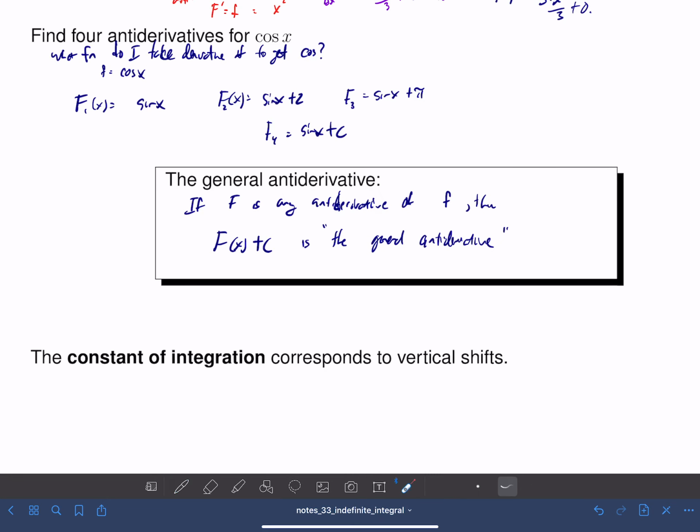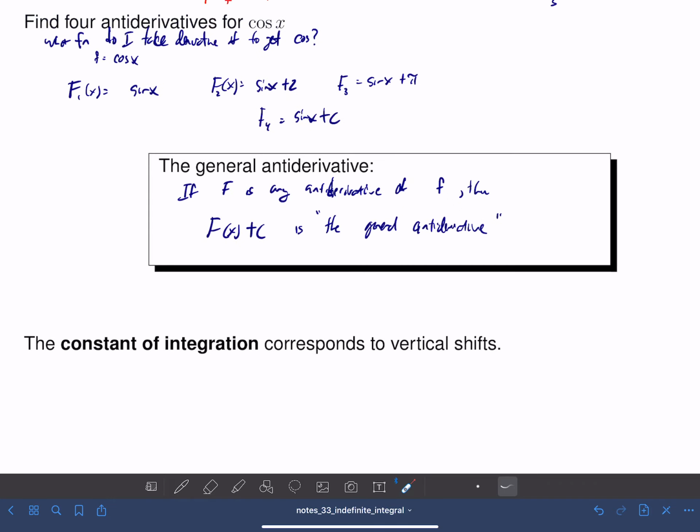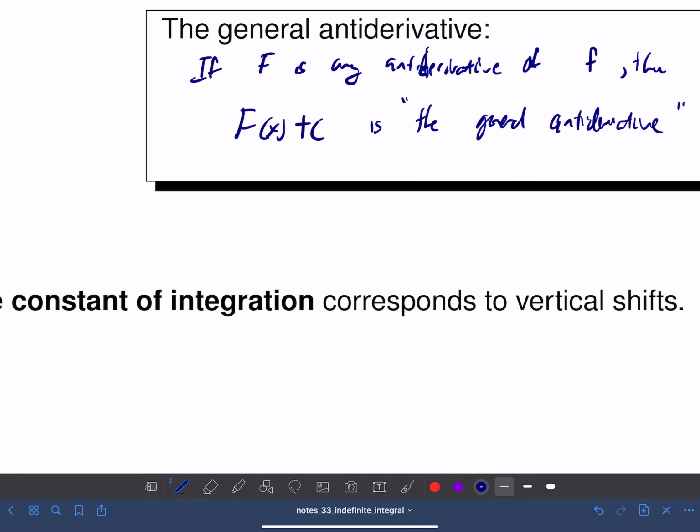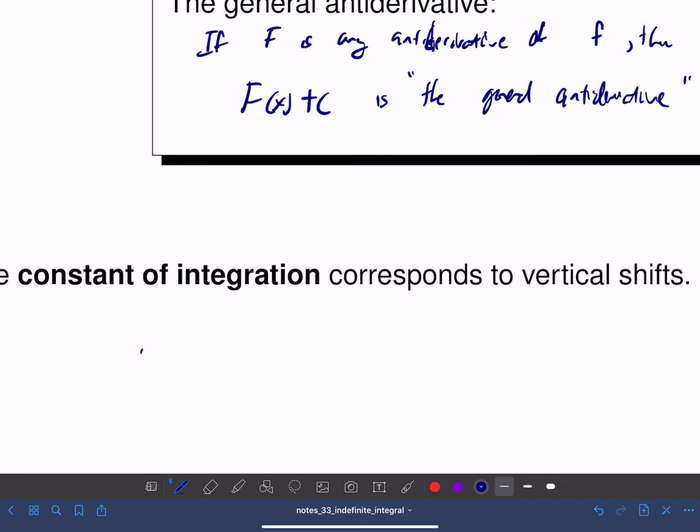So I'll let you know that the constant of integration c, those are all just vertical shifts of my function, right? And so think about it. If I draw a curve that looks like that, and I draw a curve that looks like that, both of those curves have the same derivative, right?